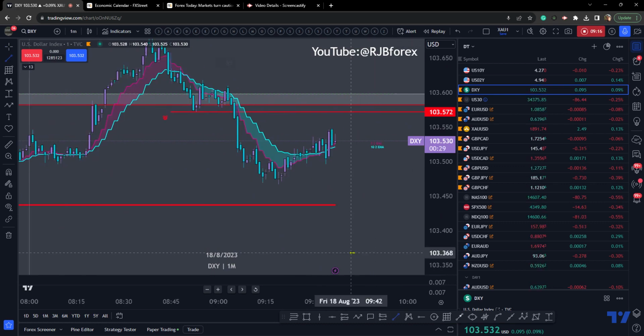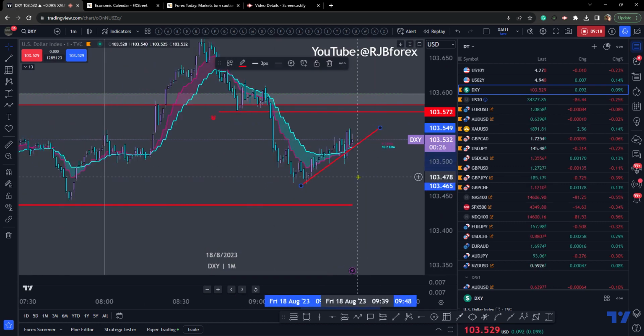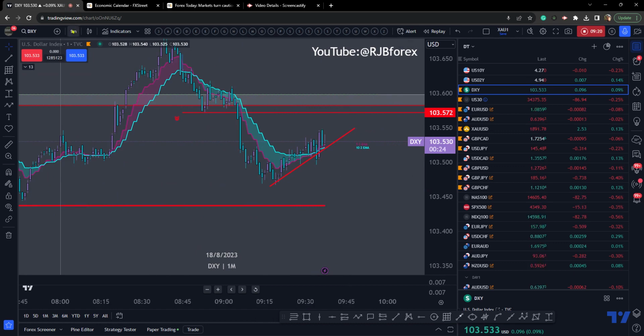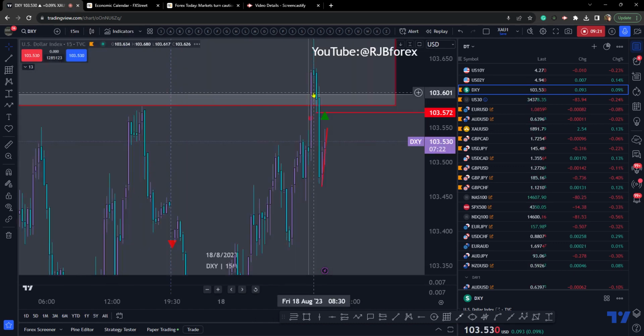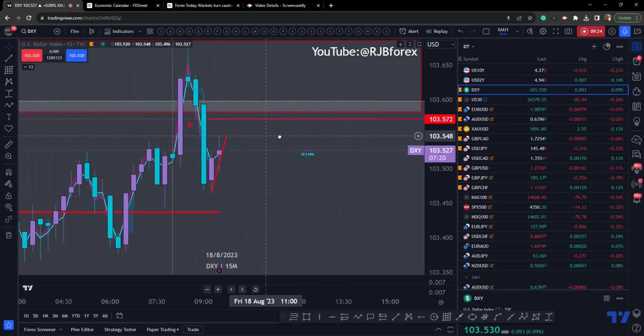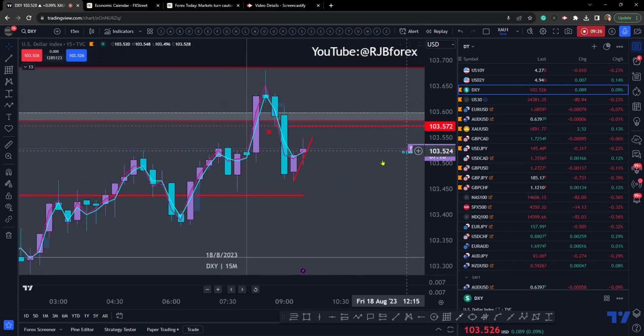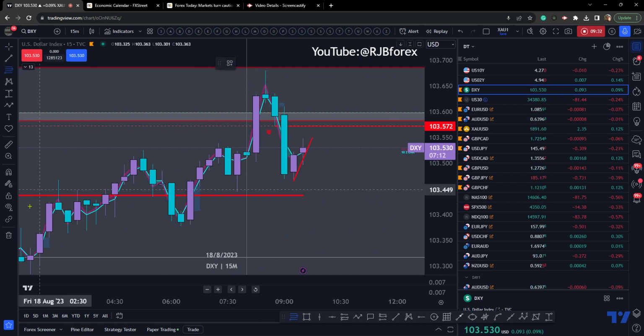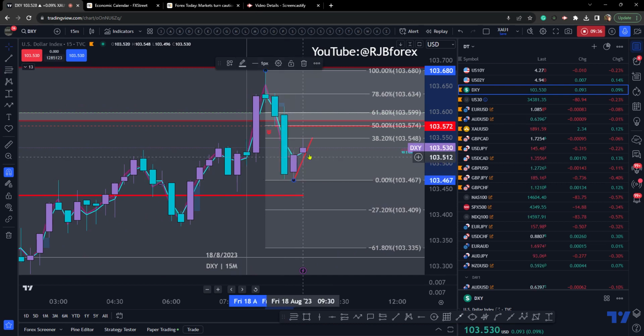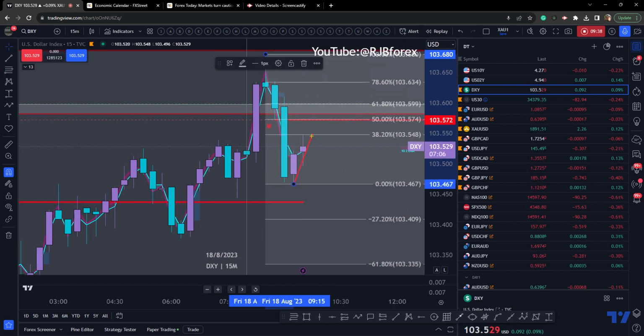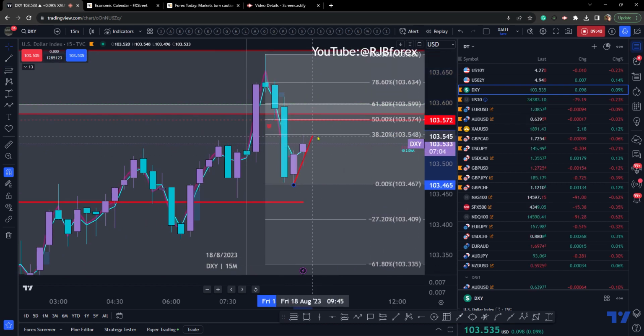We want this broken here. We pull out on a 15-minute chart. What does this look like? Pretty premature correction. 38.2 on the 15 minutes.